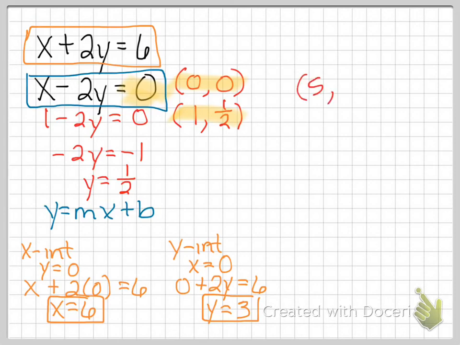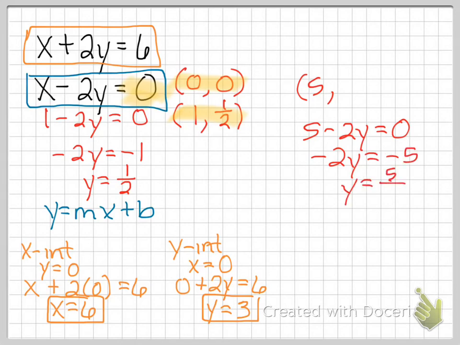So I plug in a 5 for x. Subtract the 5. Divide by a negative 2. And 5 halves is the same thing as 2.5. So now I've got the point 5, 2.5.